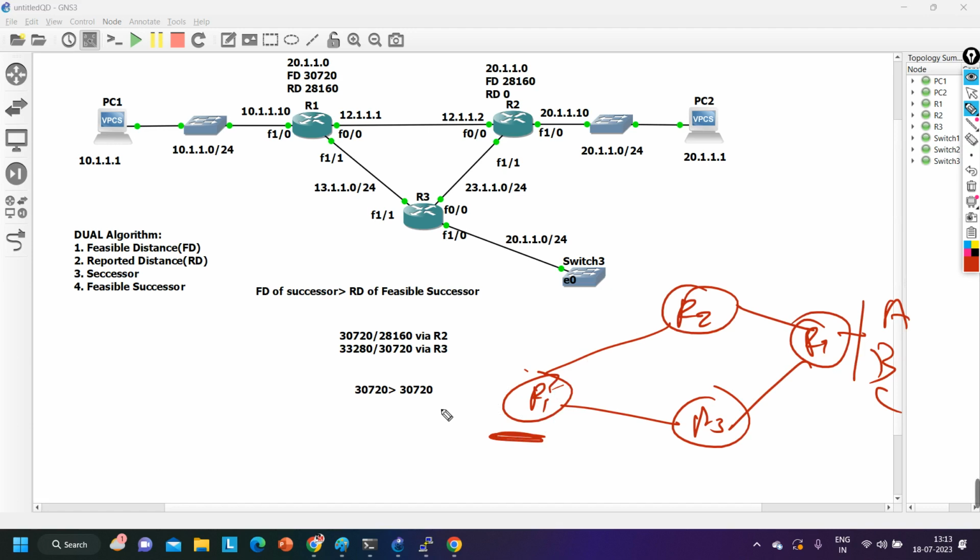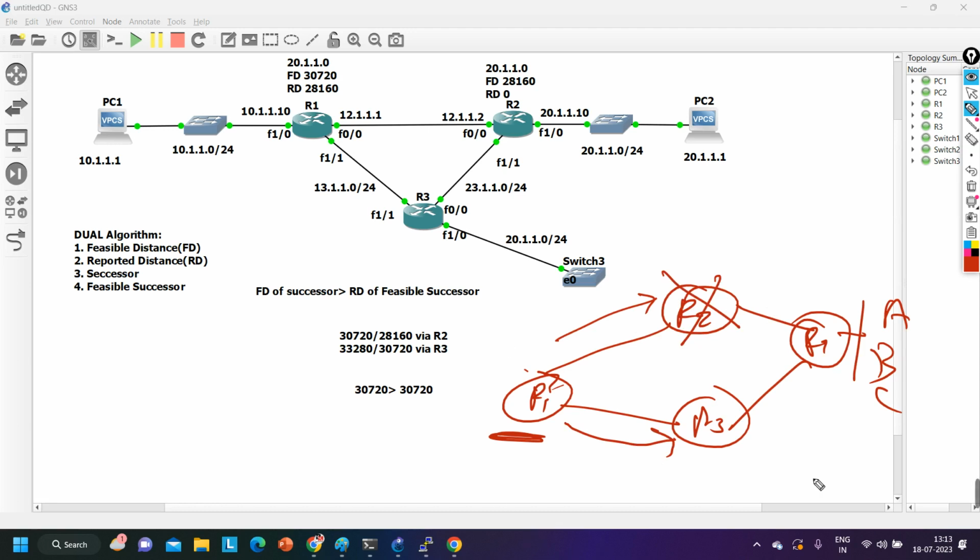But in real time your requirement can be that router 1 should forward all traffic for the ABC network via router 2 until and unless router 2 is up. If router 2 is down, then router 1 should forward traffic to router 3. So in this scenario, router 1 should use both paths, the upper path as well as the lower path.